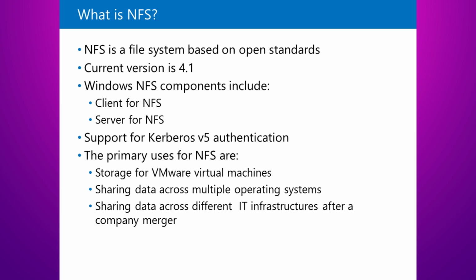RFC 1813, NFS version 3 Protocol Specification, defines version 3, and it introduced support for larger file sizes because it was a 64-bit implementation. It also had performance enhancements, such as better protection from unsafe writes and increased transfer sizes.